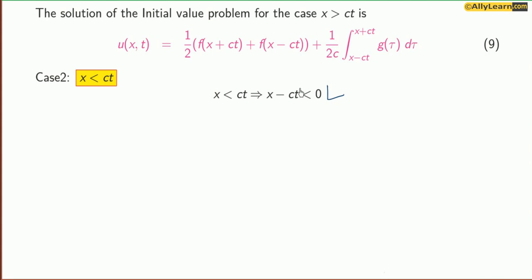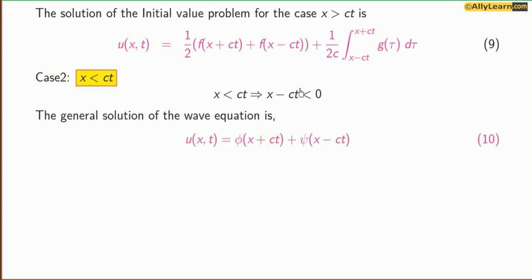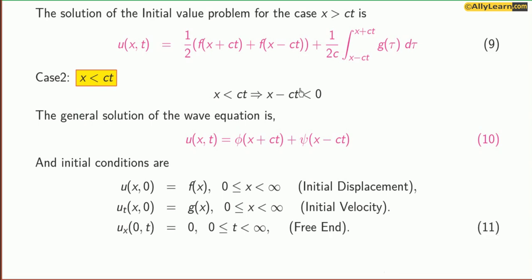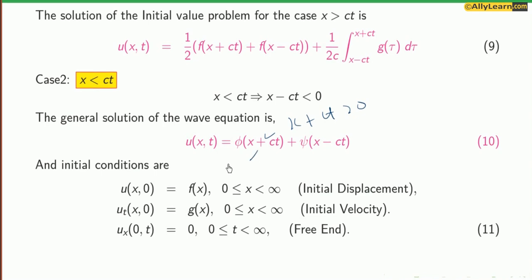Let's revisit first of all the initial conditions given to us as well as the general solution. So friends, this was the general solution, and the initial conditions were this. This is the initial velocity condition and this is the free end condition. So friends, this x plus ct was always a positive number.